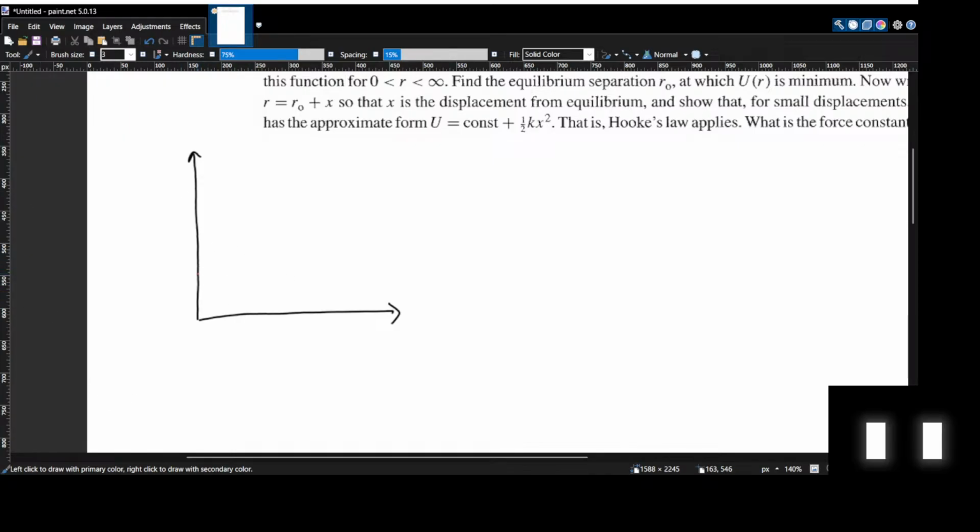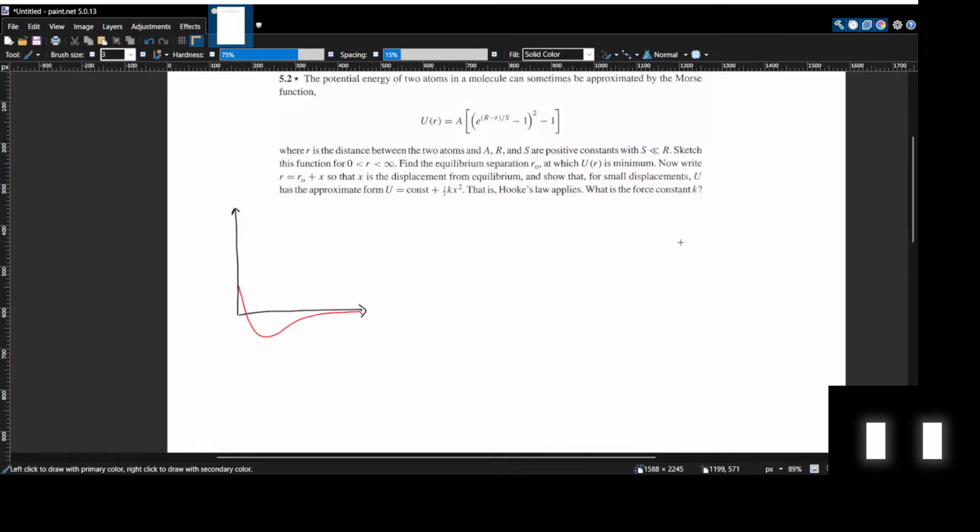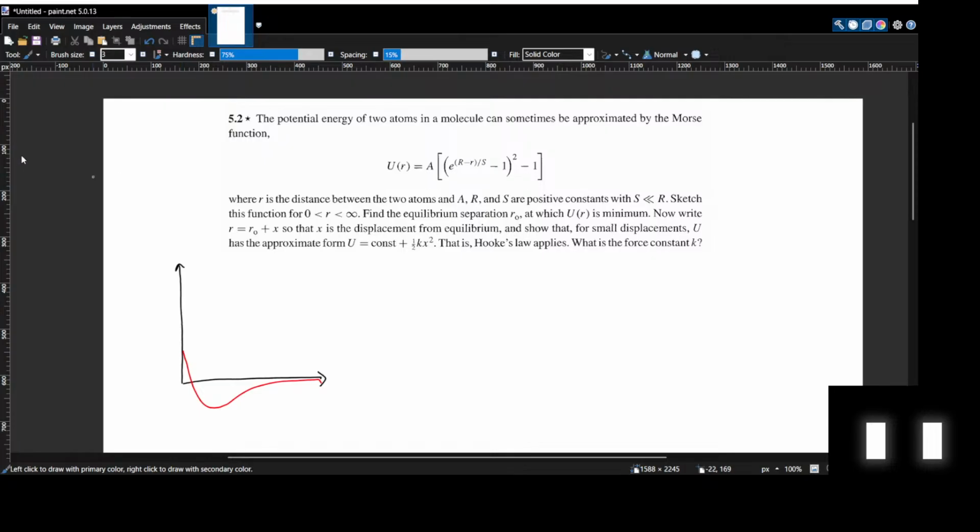It looks something like this. Hold on. It doesn't really look like that. You can plug it into desmos.com if you want to see how it actually looks. But this is how it looks.